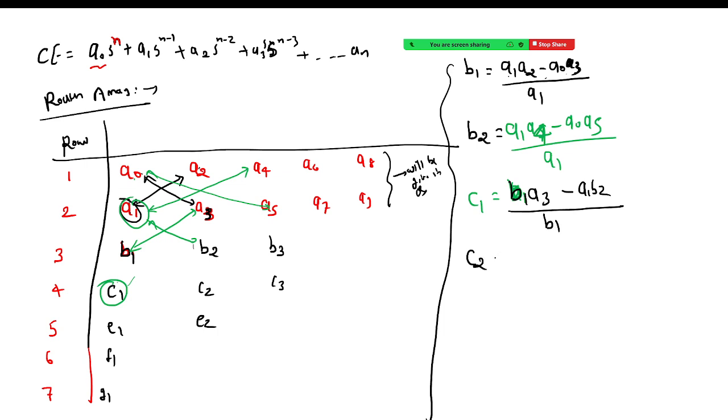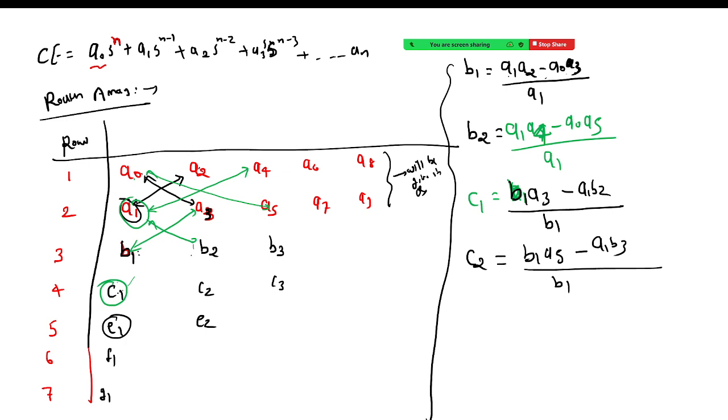And similarly, I can write C2, which will be equal to B1 A5 minus A1 B3, divided by B1. Now, how can I calculate the value of E1?